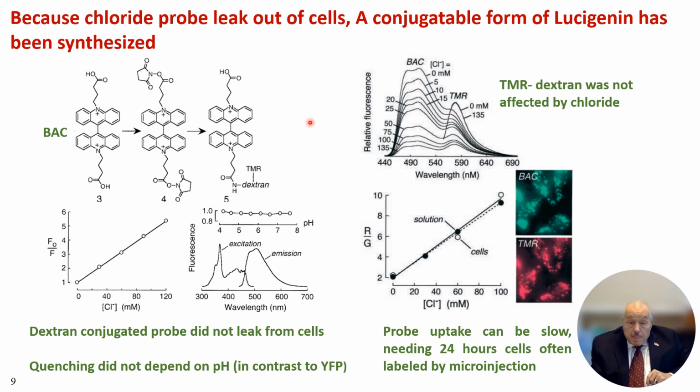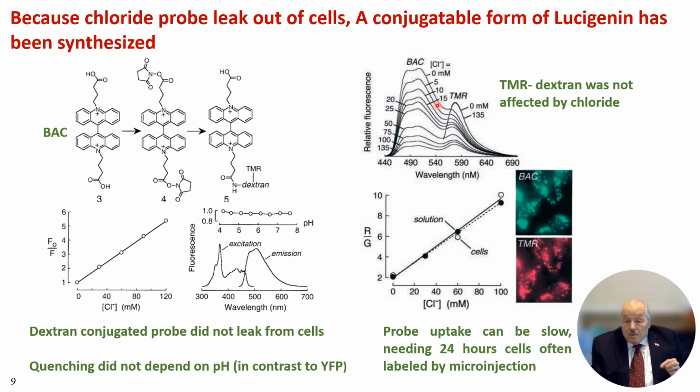The more interesting part of this experiment is they also attached the same probe to dextran that was labeled with tetramethylrhodamine. So now they had in one probe a chloride-sensitive probe linked to dextran that had a chloride-insensitive probe.